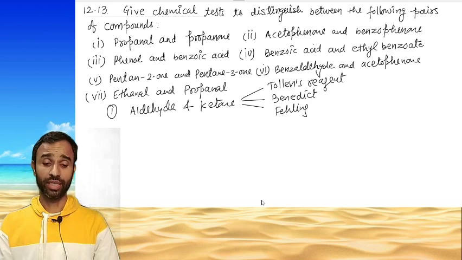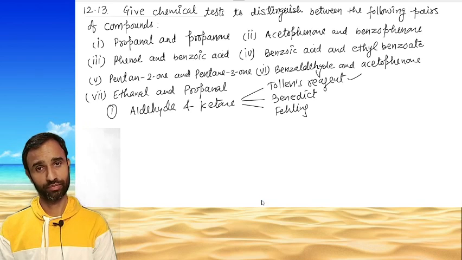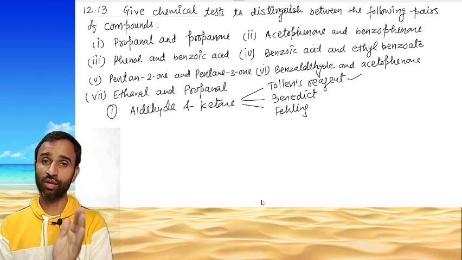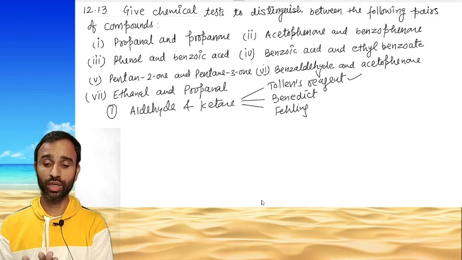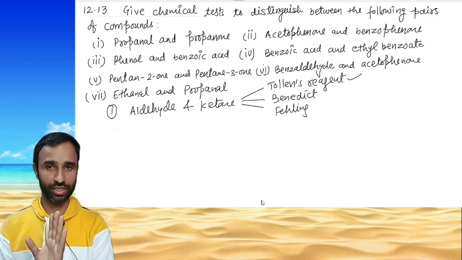But keep in mind, if there is an aldehyde and a ketone, go for Tollens reagent. That is the best one, because all aldehydes, aliphatic as well as aromatic, will give the Tollens reagent test. That is also called the silver mirror test.